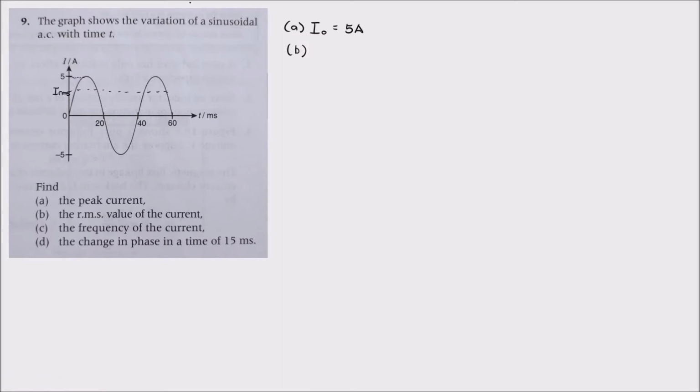We should write down the formula first. IRMS equals I naught divided by square root of 2. From there we know I naught is 5 ampere. Therefore IRMS will be equal to 3.5 ampere.